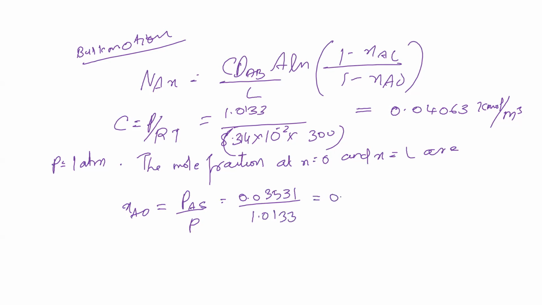So that will be 0.0348. And XAL equal to XAO into phi infinity, which is equal to 0.0087.